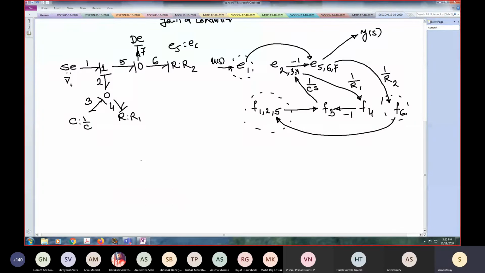The simplest thing becomes US straight going to that E5, 6, 7, output YS. Then you have F3. Let me put here F3. From E5 to F3, we have a connection directly, 1 by R2.